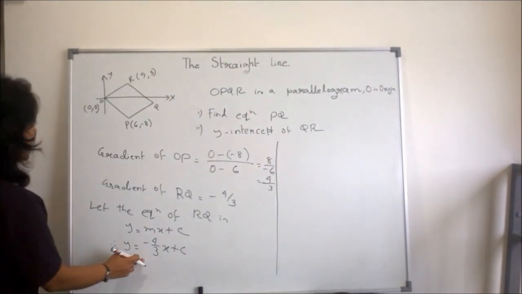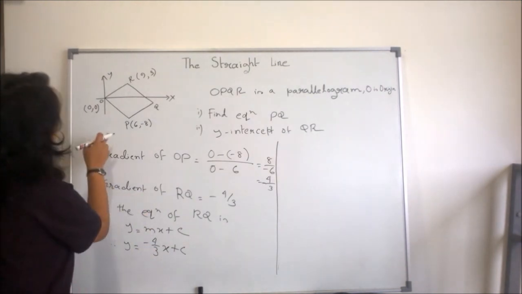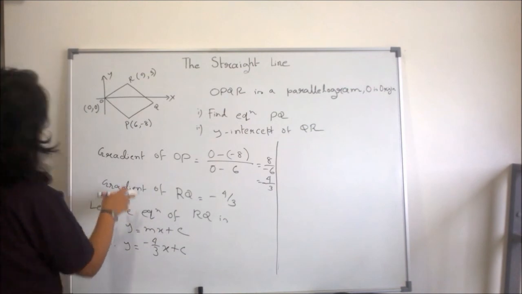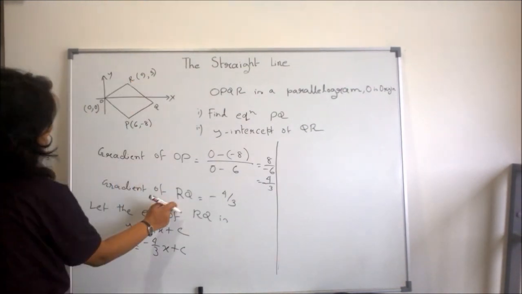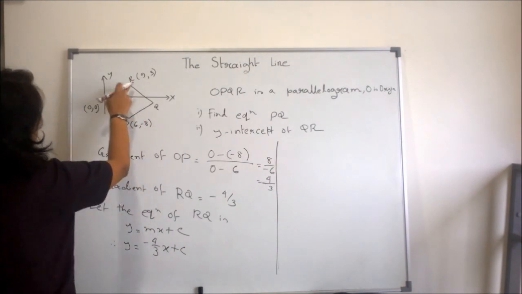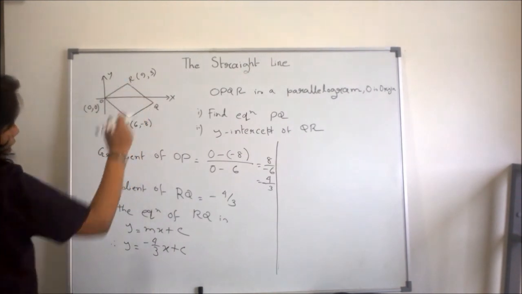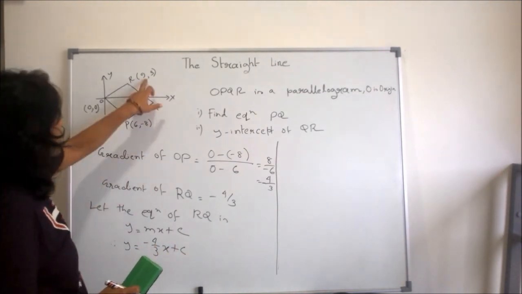Now this line RQ passes through the point R (9, 3). So we put in place of x and y, 9 and 3.